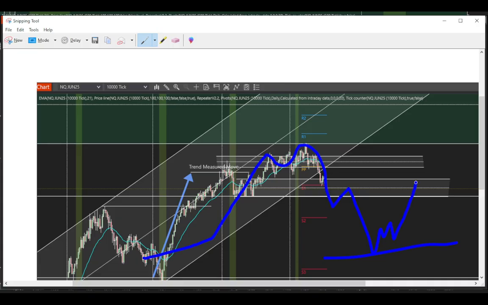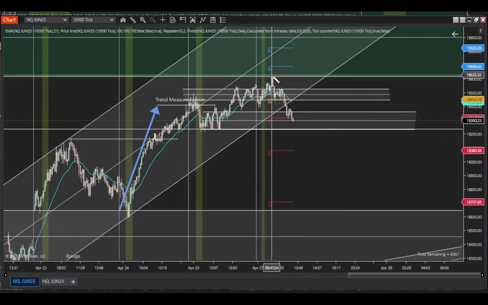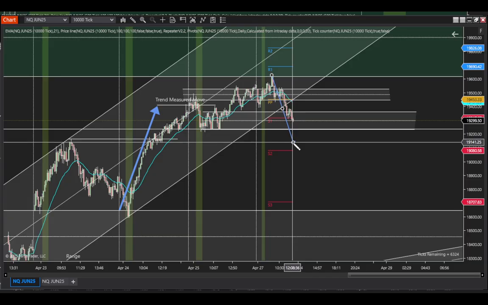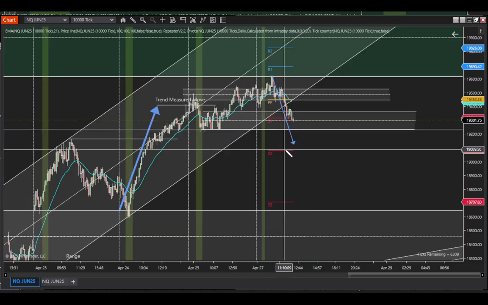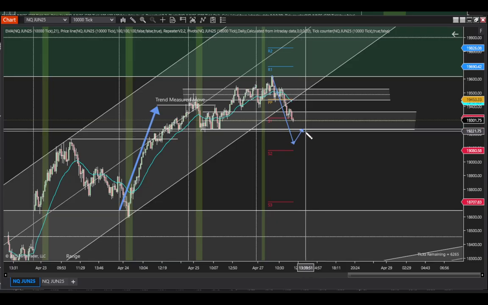Find some sort of a failure pattern, and then we look above, but we would need to reclaim here, and on top of it, we could take whatever the move below, put it above, and that'll give us our target, right? So if we rotate lower here, I'm looking to maybe get a deep pullback. I'm not saying exactly where. I'm just charting this for mindset, right?